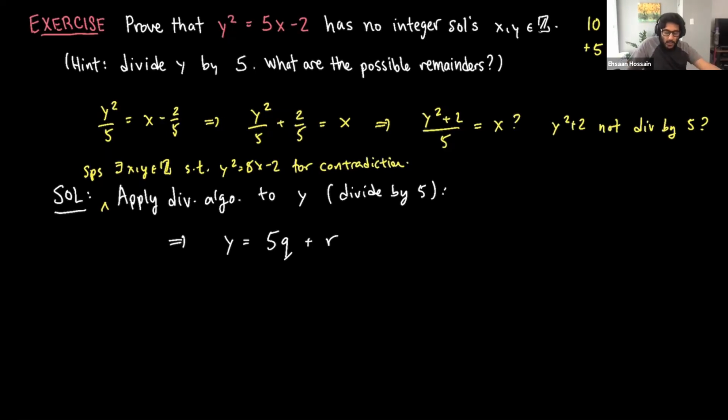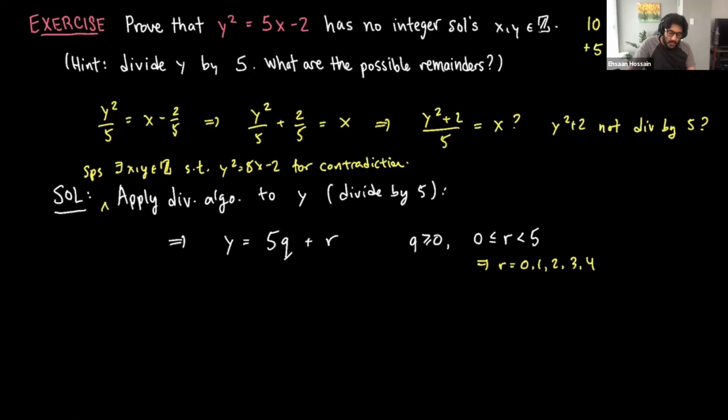So now I have y equals 5q plus r, where I know that q is non-negative and r is between what? 0 and q? Not quite. 0 and 5, right? And if r is between 0 and 5 and not inclusive of 5, the only possibilities are 0, 1, 2, 3, and 4. So I've got 5 cases for what r is.